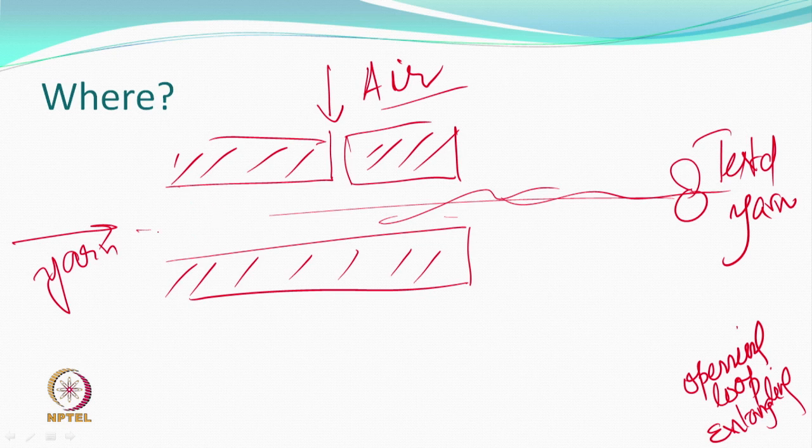Let us say we define point 1 entry, point 2 where the air is likely to meet, point 3 exit, point 4 outside the jet.